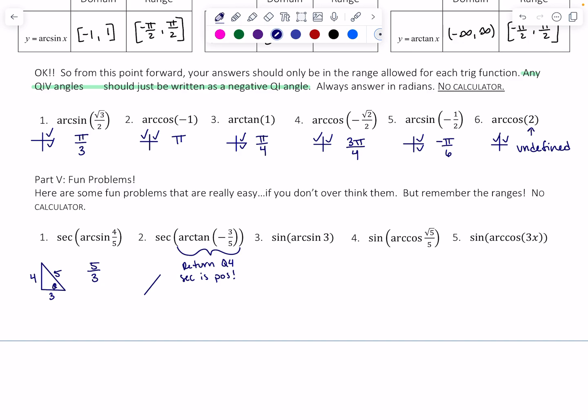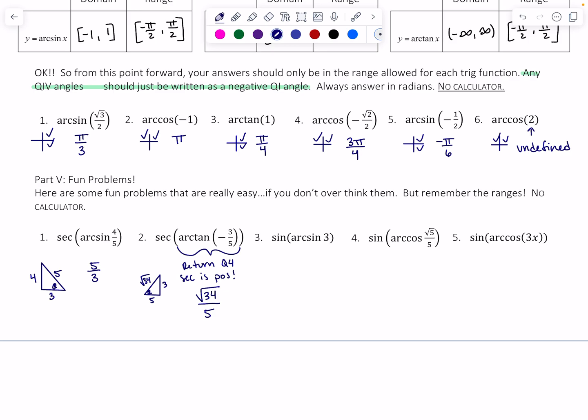Let's think about our triangle here. We have theta, and we're going to have 3 over 5 because it's our tangent. This means this side is going to be, so 9, 25, root 34. So our answer for this one is square root 34 over 5.